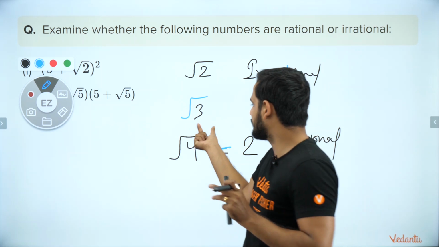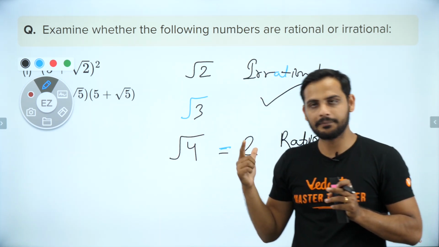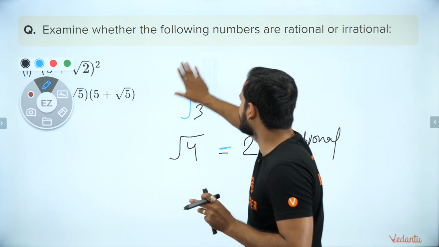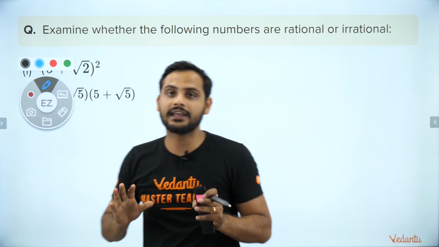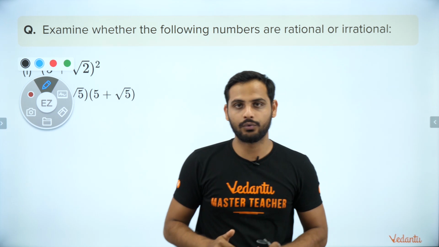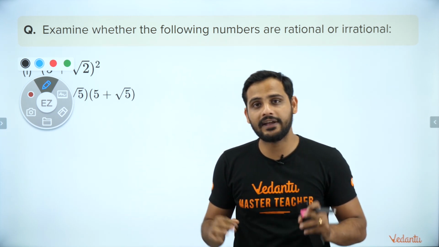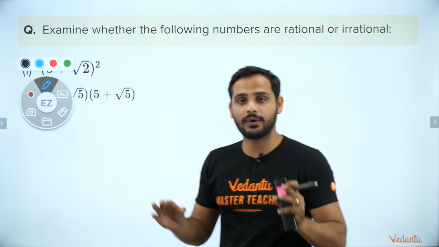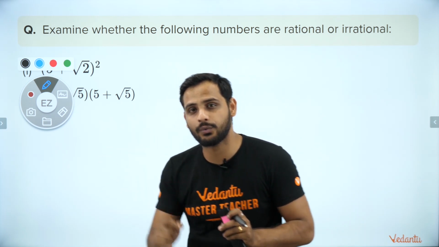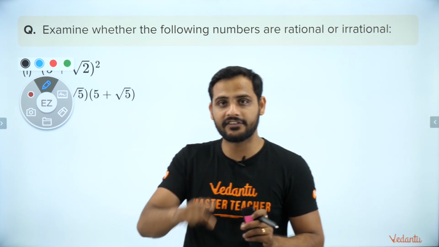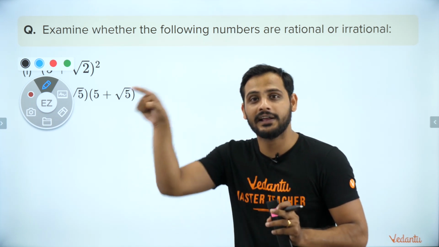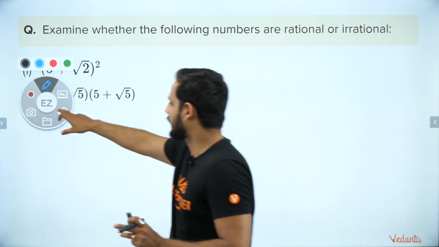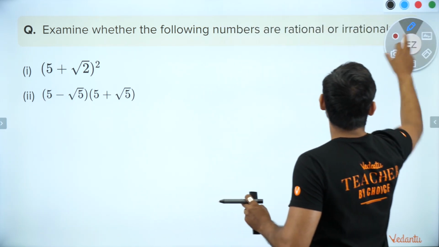Something must be left inside the root. If there is a perfect square inside the square root, that will be a rational number. Otherwise, any other number which is not a perfect square inside the square root will be irrational. Chalo, let us move ahead.